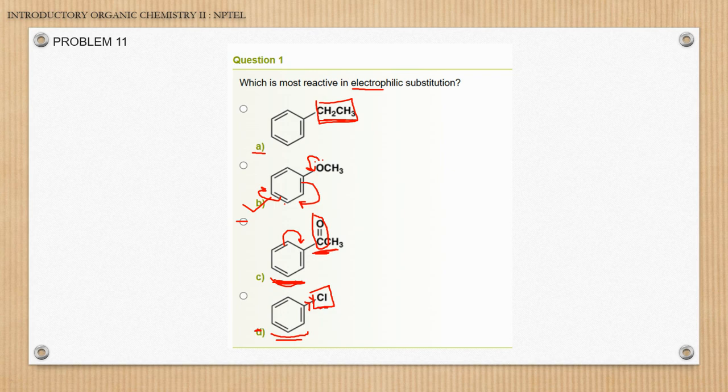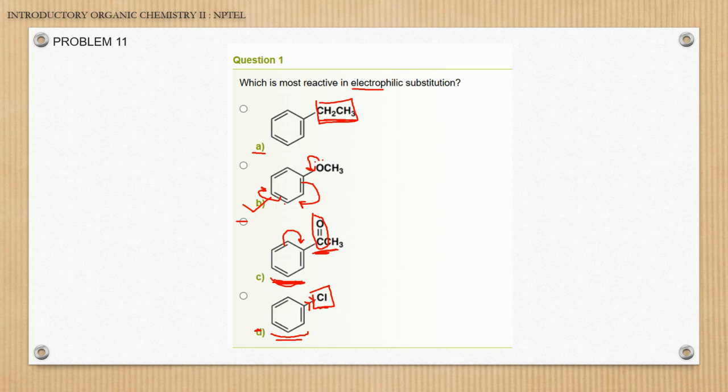Although if you compare D and C, then you can say yes, D is more reactive, because D is more reactive in the electrophilic substitution than C. C is attached to a very strong electron withdrawing group, that is a carbonyl group. That is why the ring is highly electron deficient in the case of C, but in the case of D, it is not that much the scenario, right?